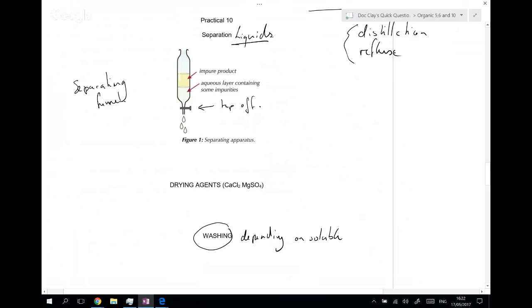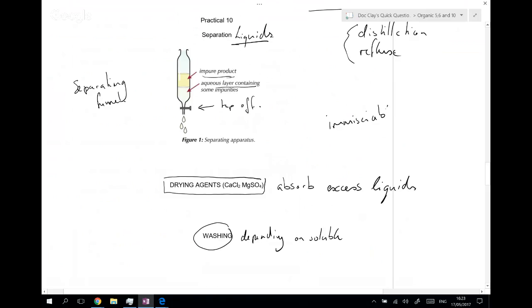Now, you may end up with an aqueous layer, like it's saying here. You might have mixed your liquids together, and therefore you can tap that off, but you've then still got an impure product which might have a certain amount of watery substance in there. In that case, you can add drying agents, like calcium chloride and magnesium sulfate, and these will absorb excess liquid from that substance.